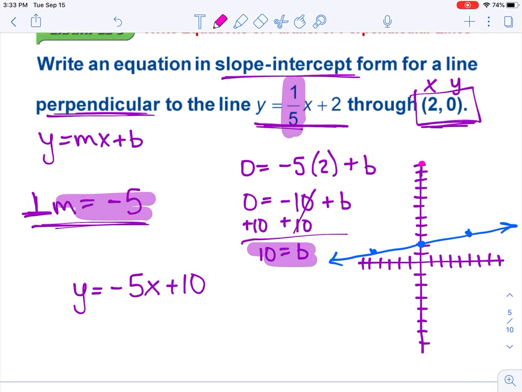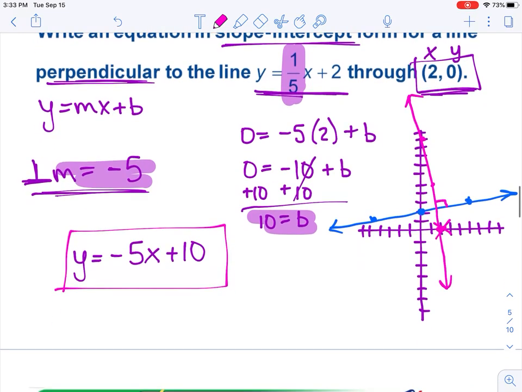I do. Here we go. Up 10, come down 5, over 1, over 1, draw in my line. These are perpendicular, and it does cross right here at 2, 0, so we are good to go. This is our perpendicular line through 2, 0.